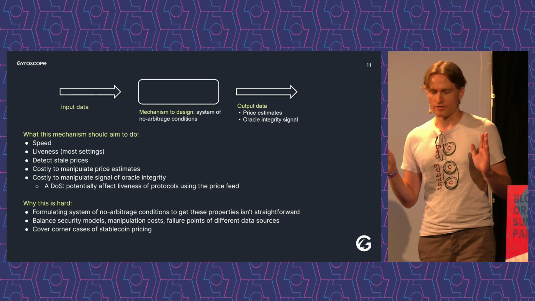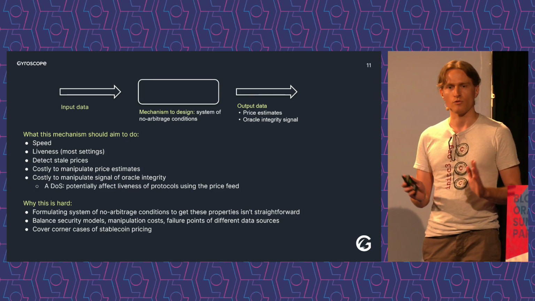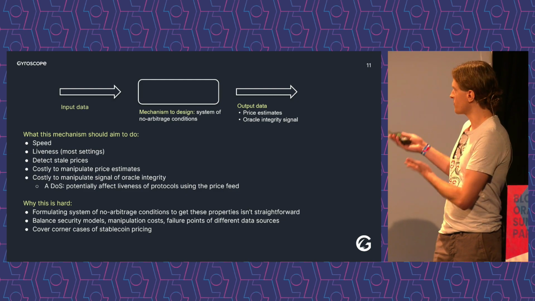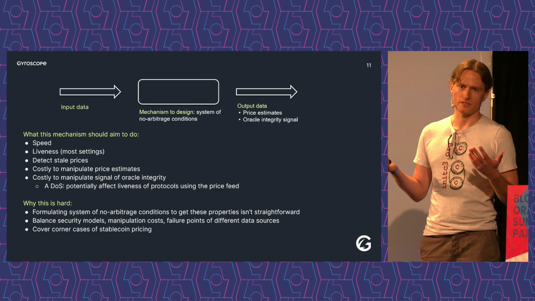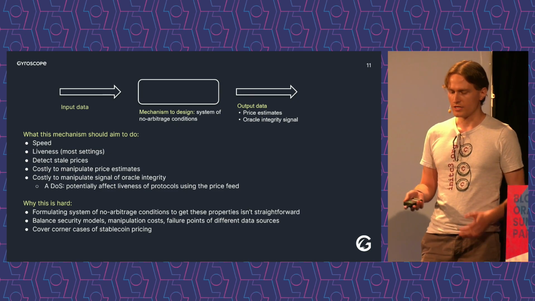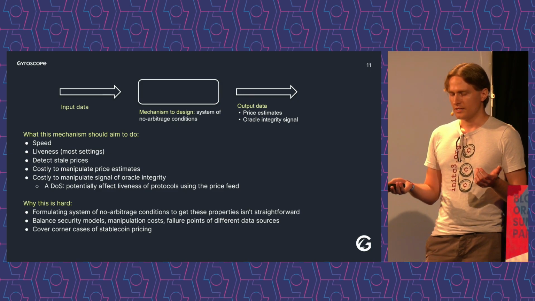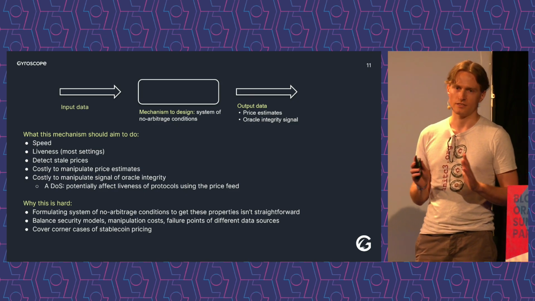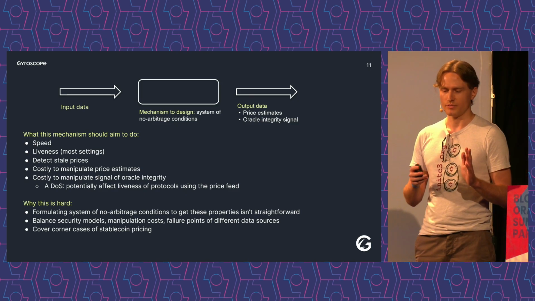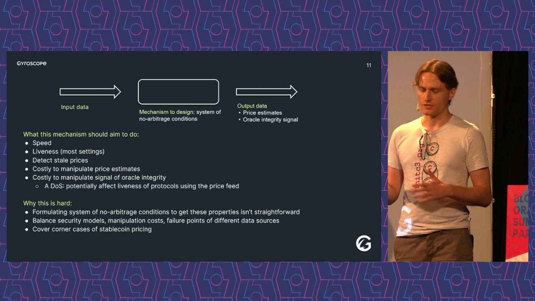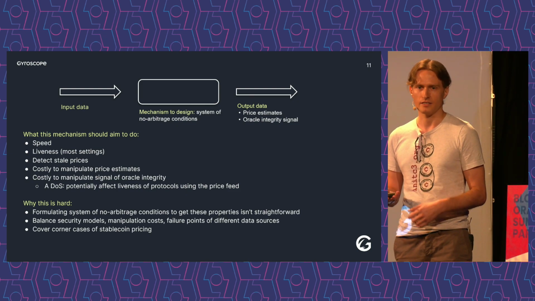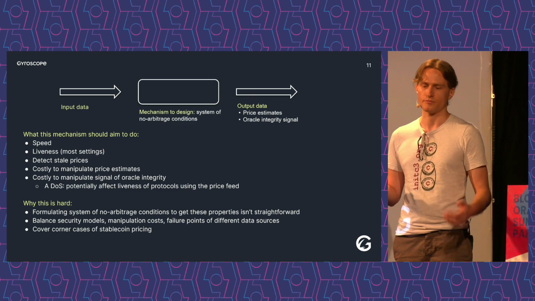And so there's a number of design aims you'd want for this system. I won't go through it too much, but generally you want something that's fast, you want something that's usually live, you want to be able to detect stale prices, and you want things that are costly to manipulate. And because there's this second signal, this Oracle integrity signal, you also need to consider if that signal is easy to manipulate, or the cost to manipulate it.